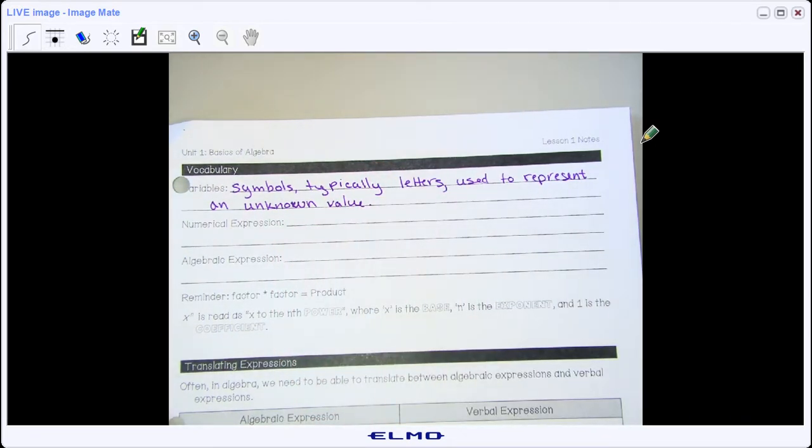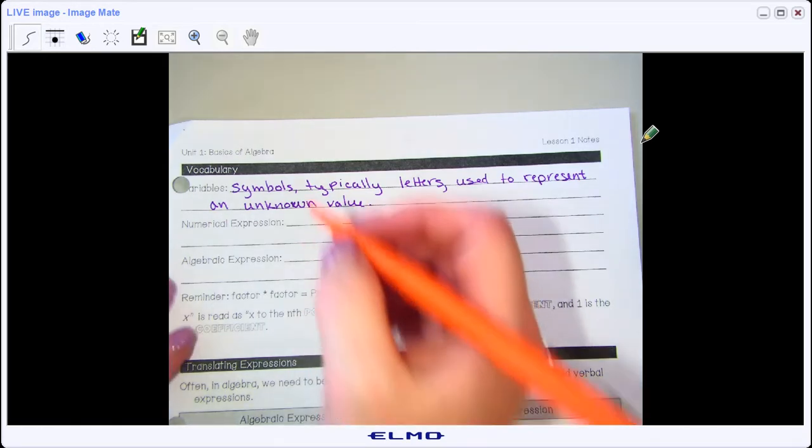So we really could use any symbol. In math, we do generally typically use letters. That's just the way it's gone. It's a little easier to write the letter X than it is to write a star symbol over and over and over again. So that's why we do generally typically use letters for it.